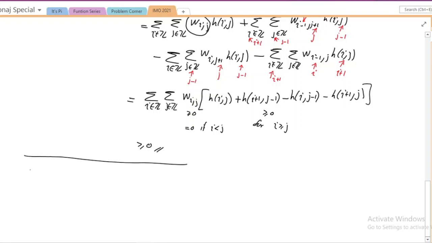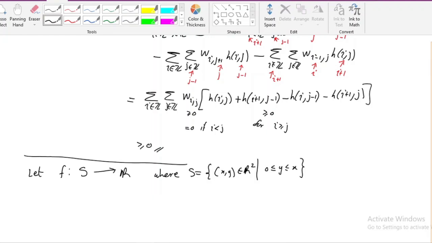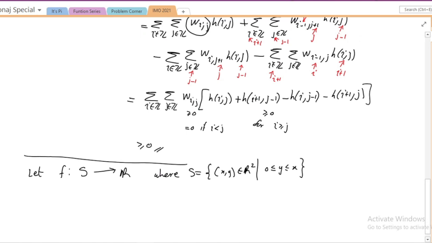So let f be a function from S to R, where S is this region of the xy plane, (x, y) such that 0 is less than y is less than or equal to x. Okay, so I'm going to give a sketch of this region. It's kind of like a triangle, half of a quarter plane, so to speak. So let's go with this. Okay, so this is a sketch.